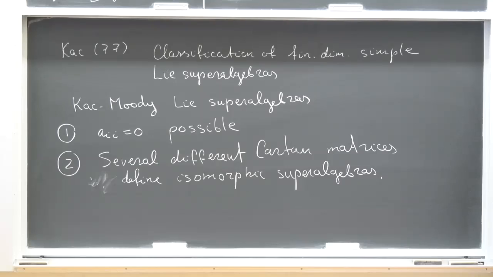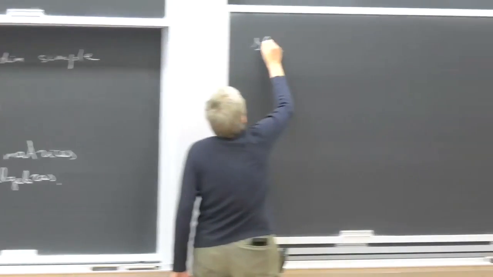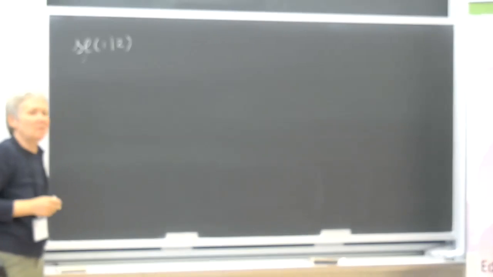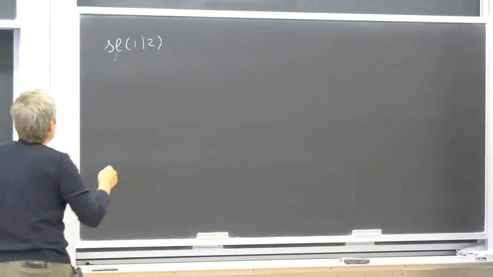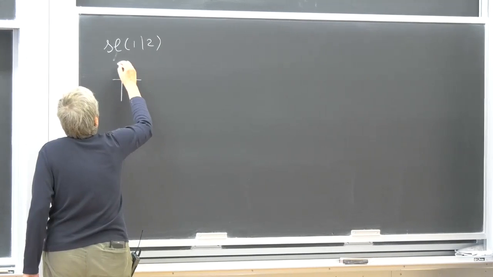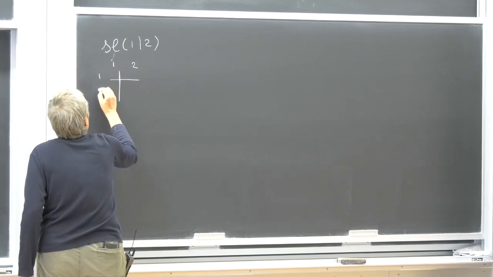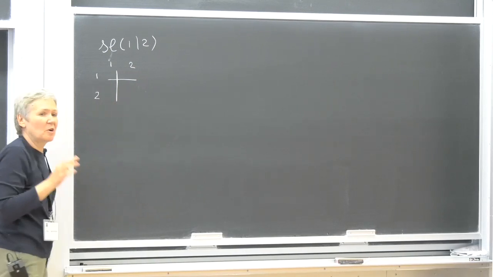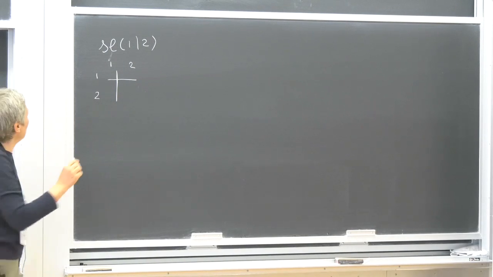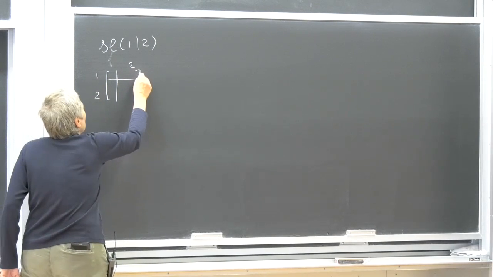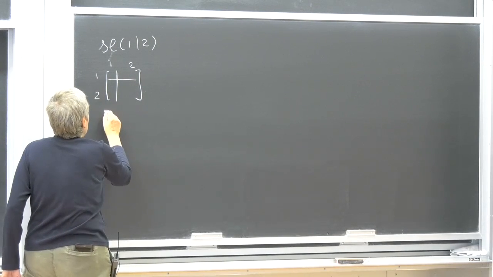So this is the Lie superalgebra SL(1|2). So how you can think about it, it is block matrices, 1, 2, 1, 2. I'm trying to do it the easiest way. Okay, so those are matrices with even part.